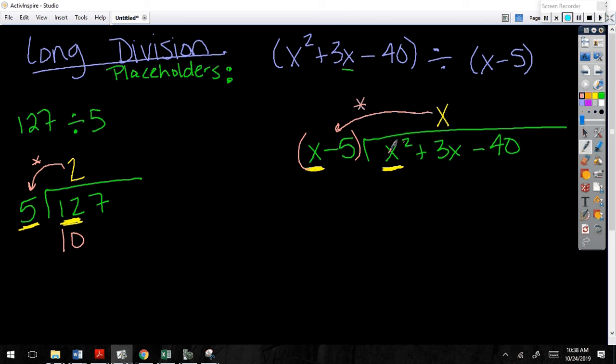Same thing. X times x minus 5. So it's really x times x minus 5. What do you get? X squared minus 5x. Again, keep those columns lined up. Anything vertically in this column is going to have a squared on it. Vertically here is just going to be x. Do you see what I'm doing?